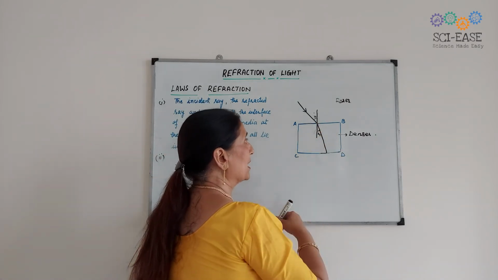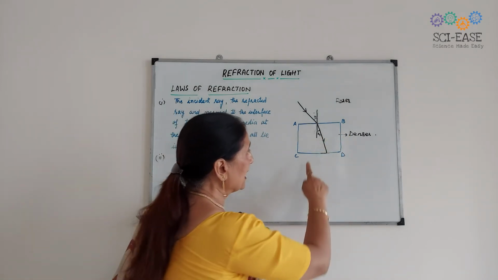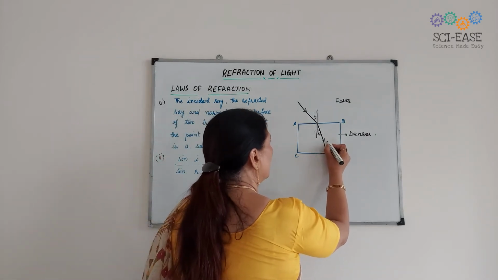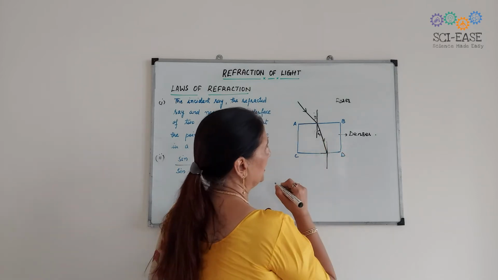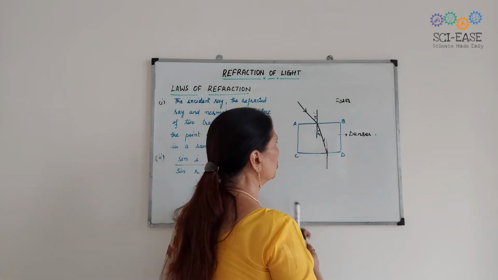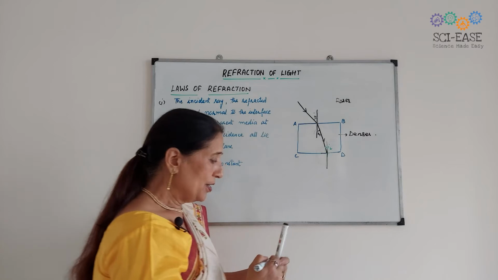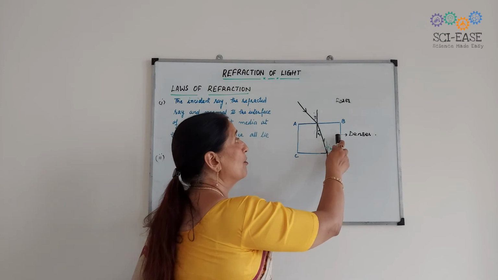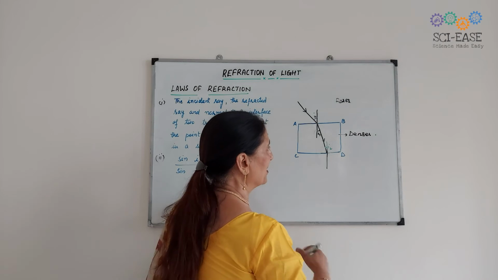Now this ray will become incident and it will strike the second face of the glass slab. Again draw a normal, 90-degree. This is angle I2. Now the ray is moving from denser to rarer, this is again rarer medium.